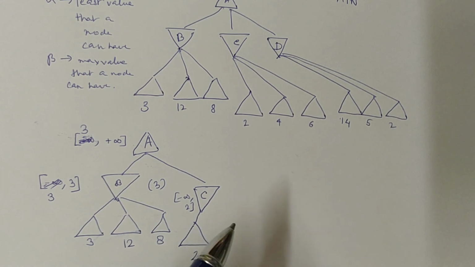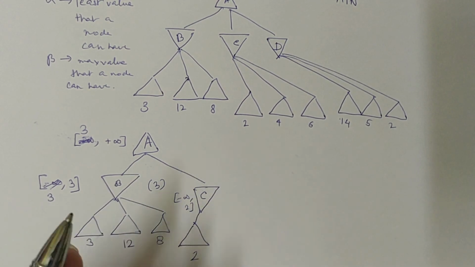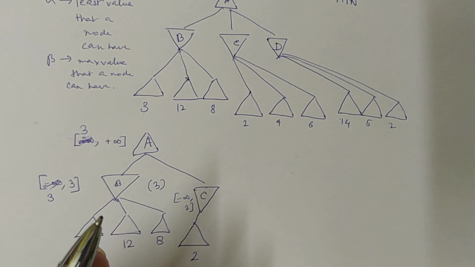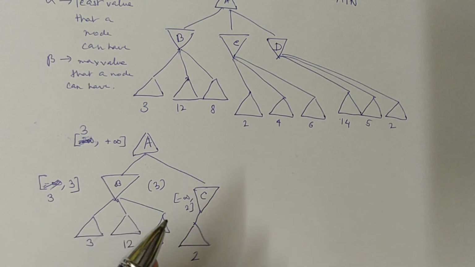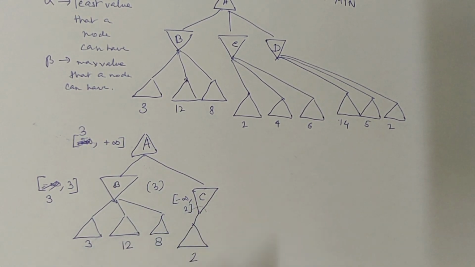Because the maximal value that it gives me is 2. It does not guarantee me anything better than 2. So opening C further is not required at all.